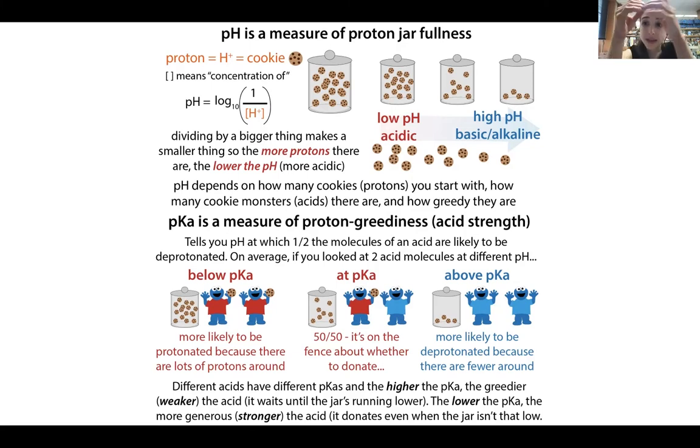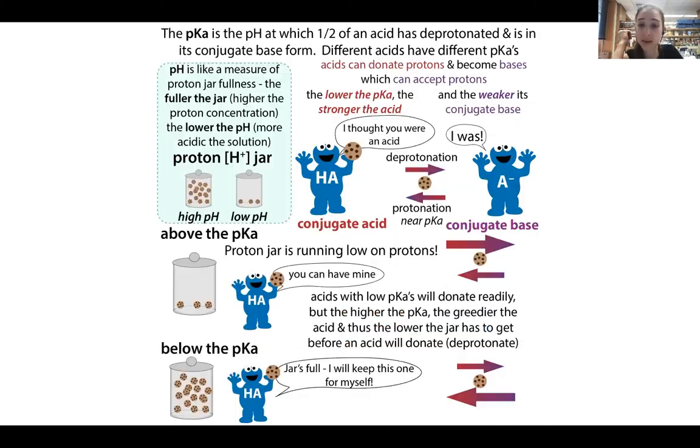And then the strength of the acid, the greediness of those individual friends, that's the pKa. So the lower the pKa, the stronger the acid. Remember, a low pKa corresponds to a fuller cookie jar. So this means that even though there are a lot of cookies around, you're still less likely to find it with a cookie.